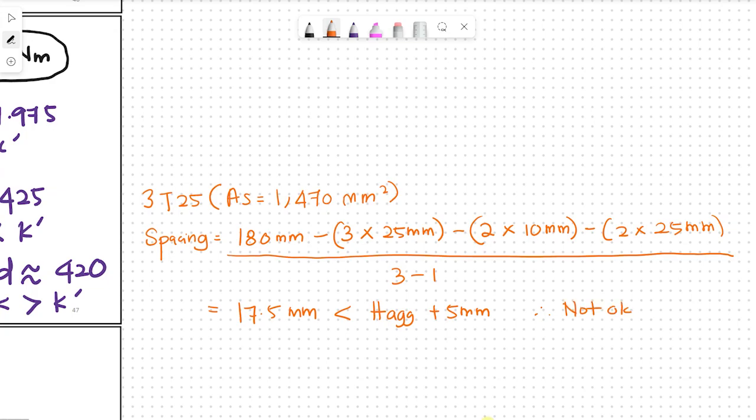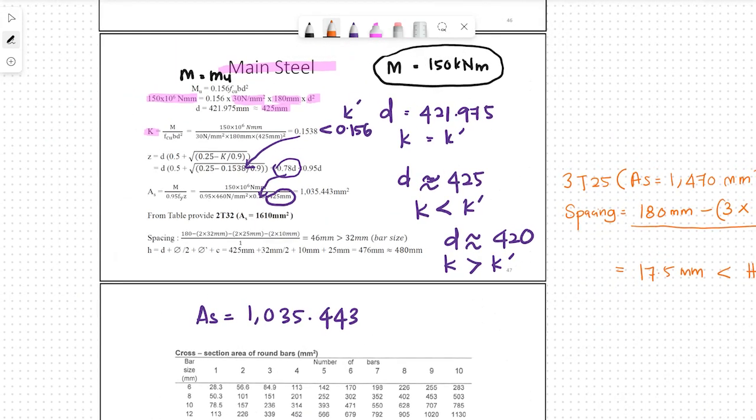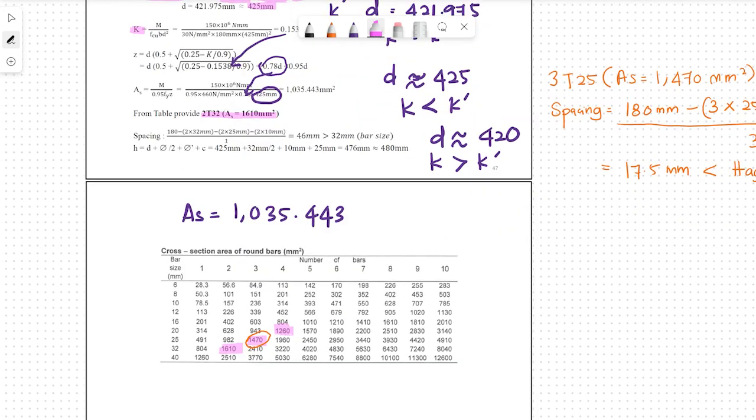Therefore kita kena suggest another bars for this beam. Okay, that's why here my suggestion goes to 2T32. Walaupun dia punya beza dia besar, around 600, but we have no other choice. Kita dah tak boleh go for any other size here.